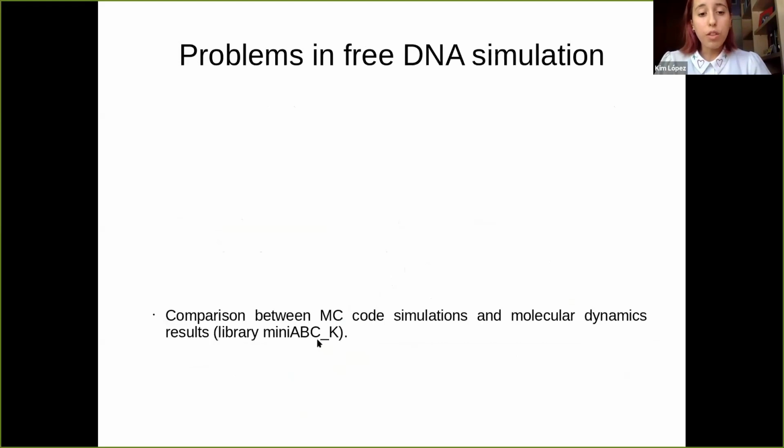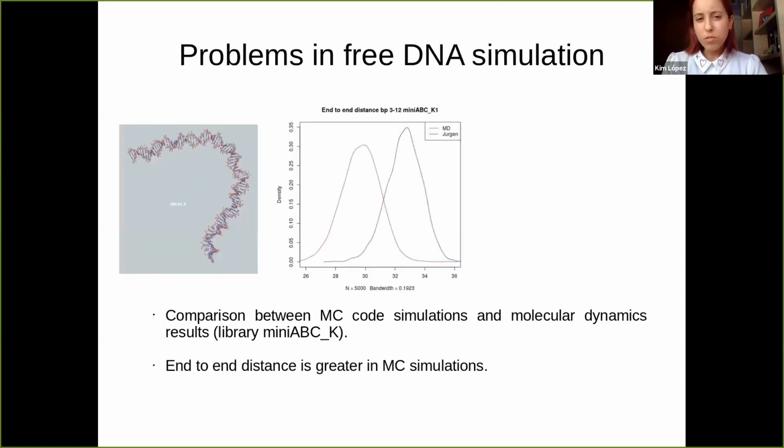And we worked with a miniABC library, which consists of 13 different DNA sequences that have all the unique tetramers, so you can construct a complete theory working with that. And the problems we saw were the following, which more or less account for the same problem in the end. We saw that the MC code computed higher end-to-end distances than the MD simulations.